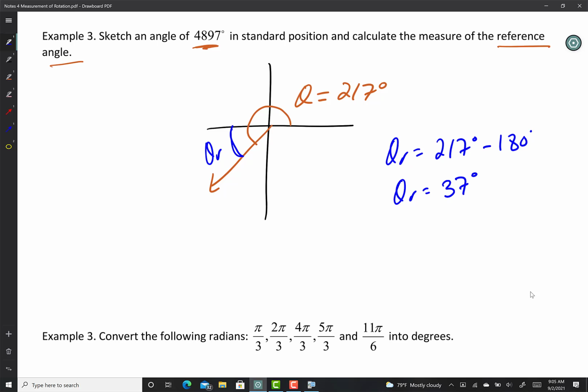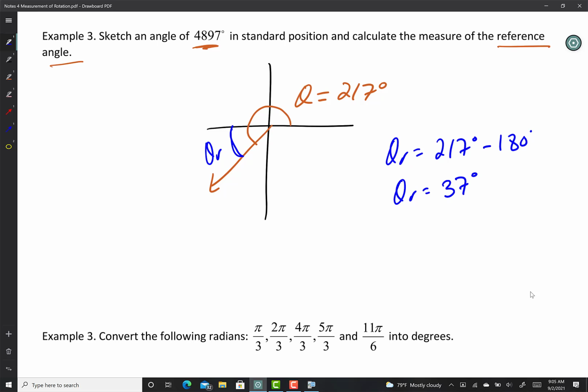Is there another way to find the 217? Oh, you didn't like that way? Okay. So honestly speaking, I found it a different way. When we got the 13 point whatever number, I did 13 times 360 and then subtracted that from the original, which is the 4897, and got the remaining.